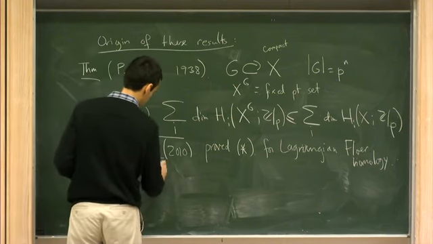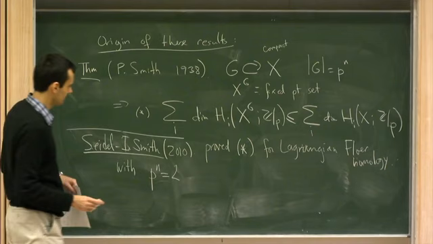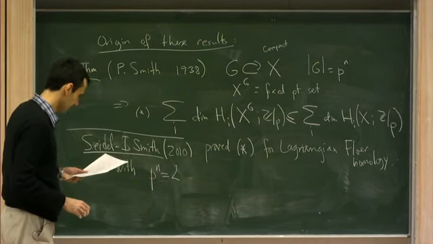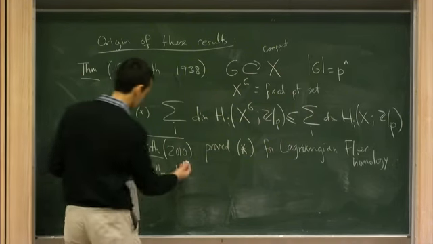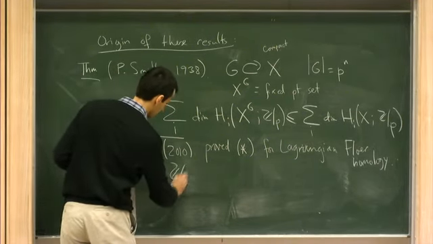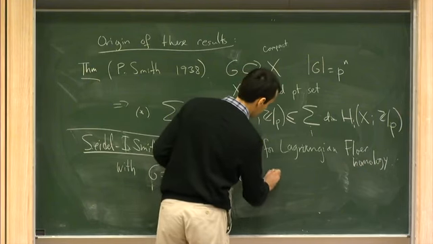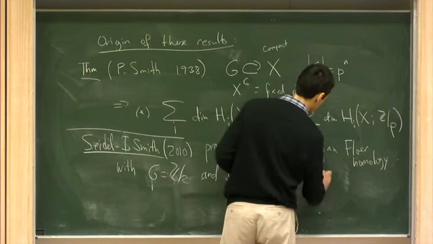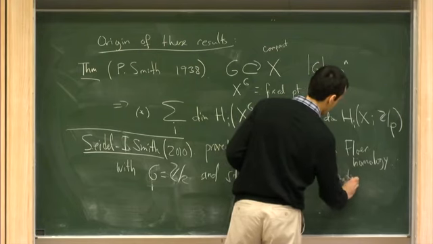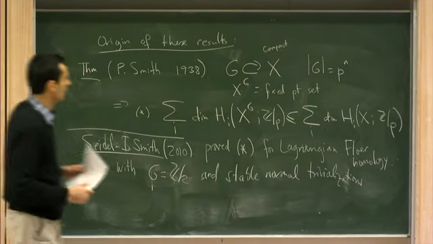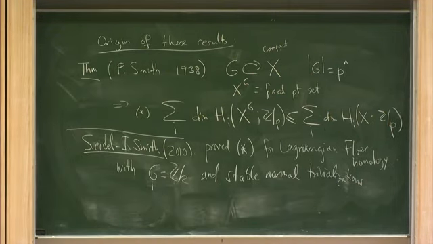With p to the n equal to 2, so just for an action of Z mod 2, maybe I should say just G equals Z mod 2. And they have some technical assumptions, stable normal trivializations of the Lagrangians. So you have some symplectic manifold with a G action and some Lagrangians, and the G action preserves the Lagrangians, and you can do a Floer homology in the fixed point set or in the whole space, and they proved that.